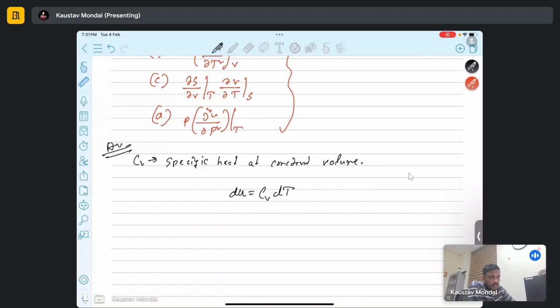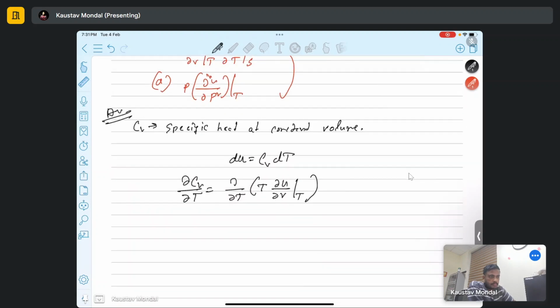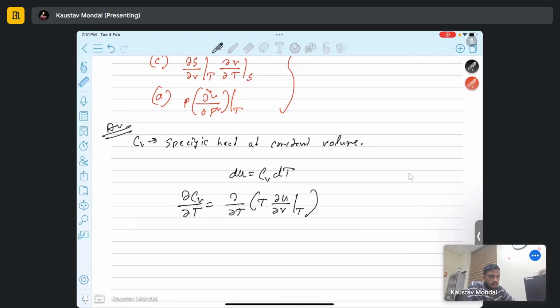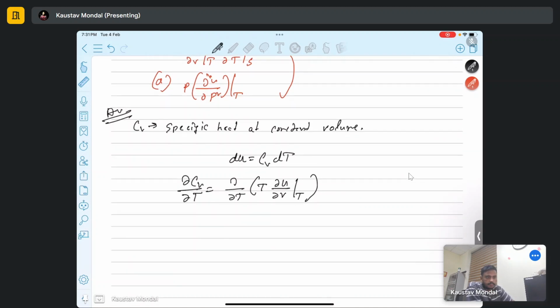So from here we can write del Cv del V as del T of T into del U del V at constant temperature, right? Yeah, we can write it like this, right?